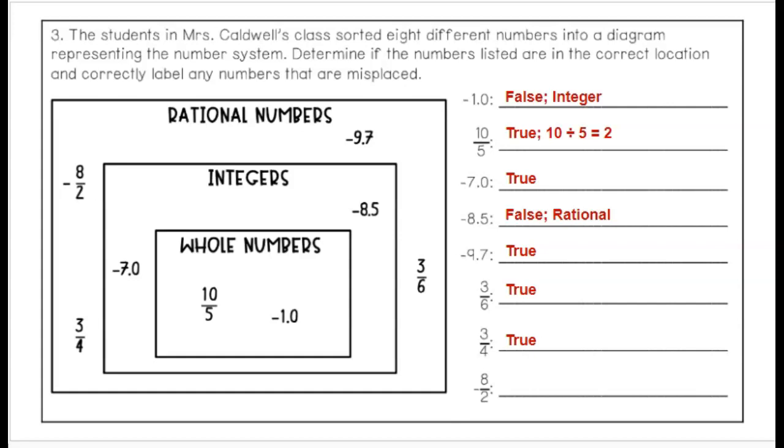And negative 8/2 is false because 8 divided by 2 is 4, so that would be a negative 4, which is an integer.